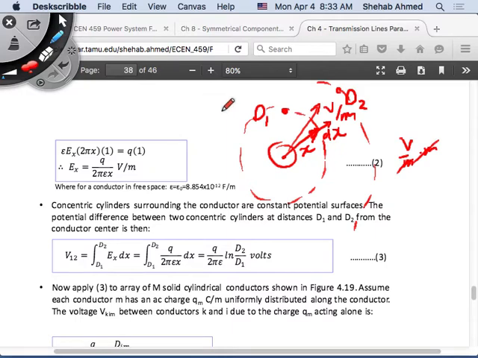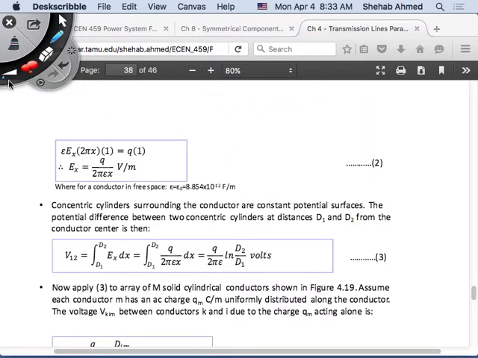I just chose D1 and D2. So you perform the integration between points D1 and D2, and you end up with the voltage between any 2 points around the conductor due to charge Q deposited on the conductor, at distances D1 and D2 away from the conductor. Okay?